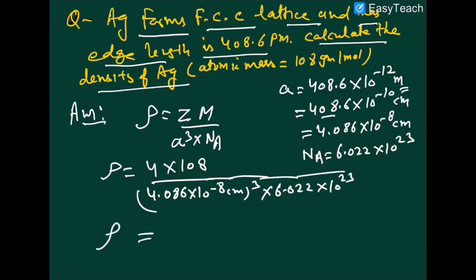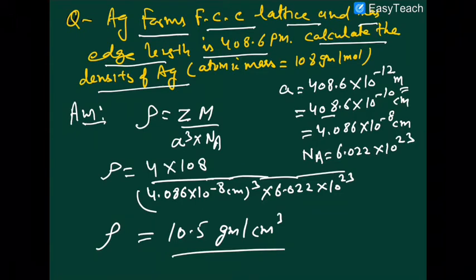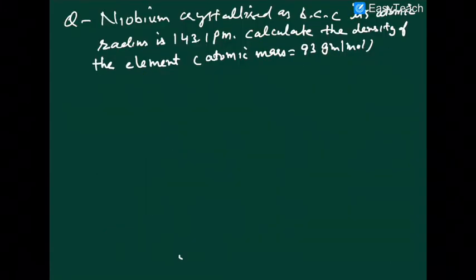When you solve it, the answer comes out to be how much? It is 10.5 gram per centimeter cube. Easily understood or not? So that is easy to understand.